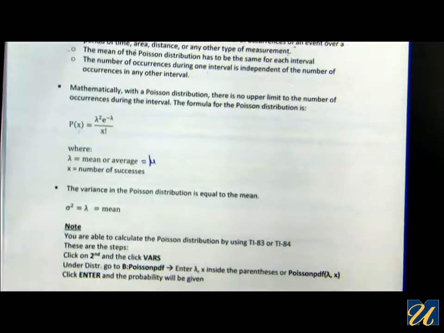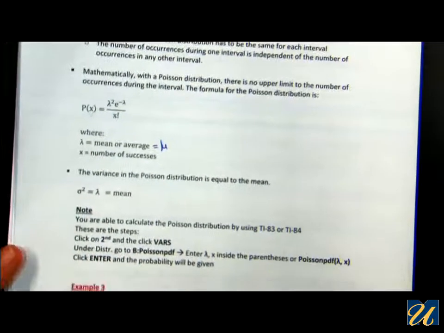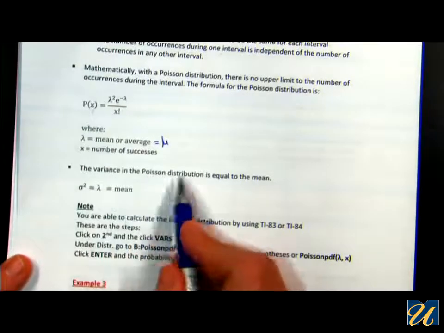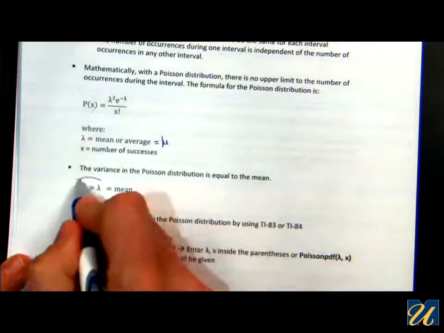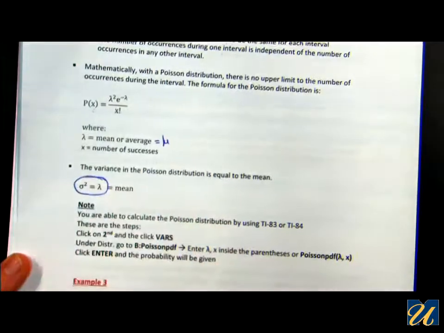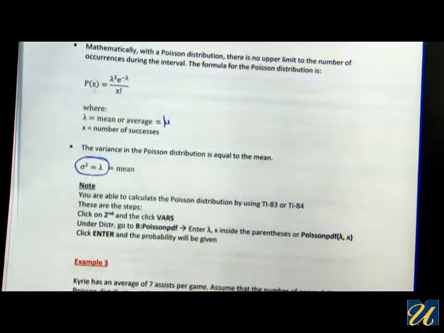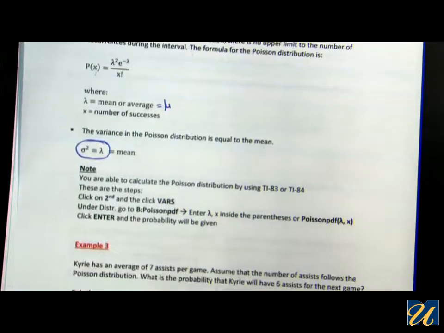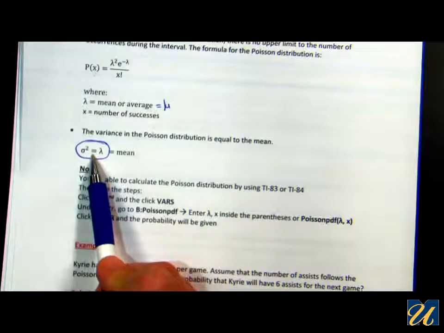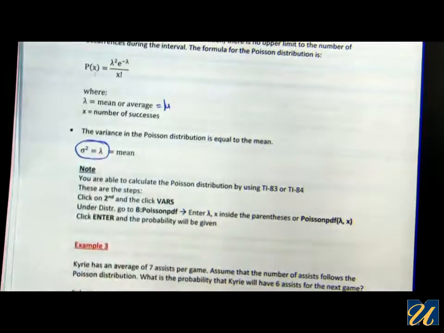And x is the number of successes, what we are interested in. The variance in the Poisson distribution is equal to the mean. So this is one of the properties of Poisson distribution that we should all be aware of. And then again, if you were to calculate the standard deviation, you would simply take the square root of your average.